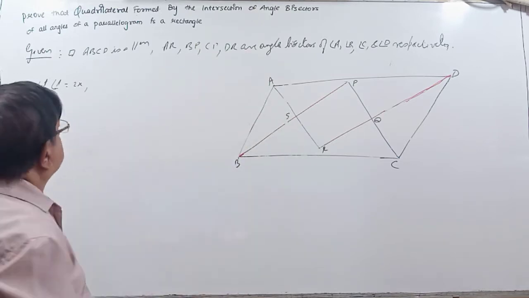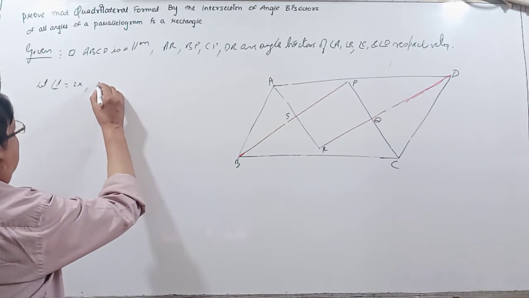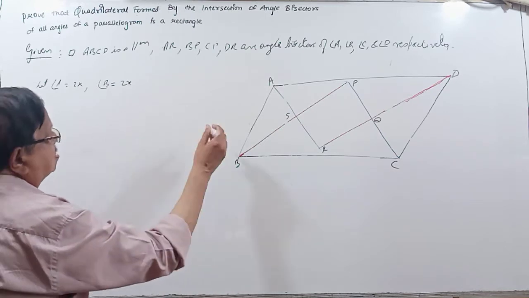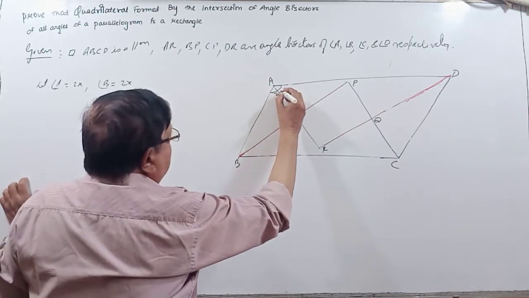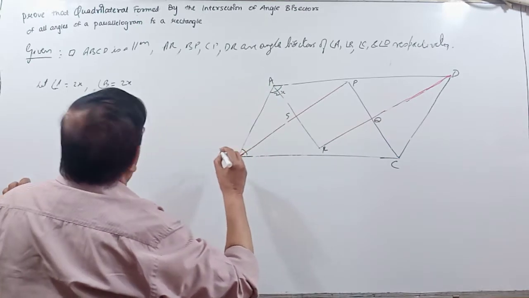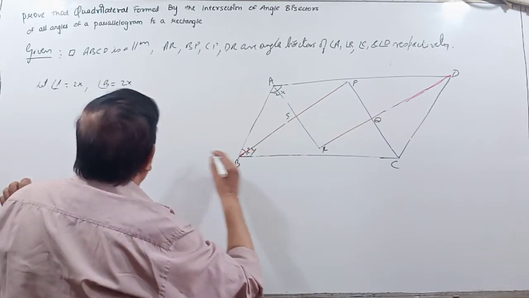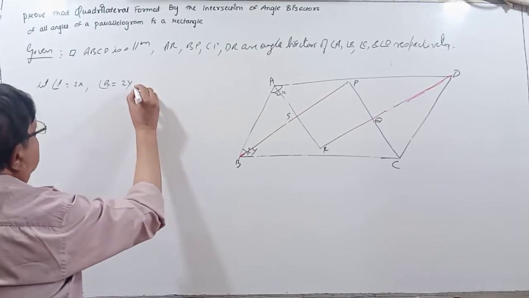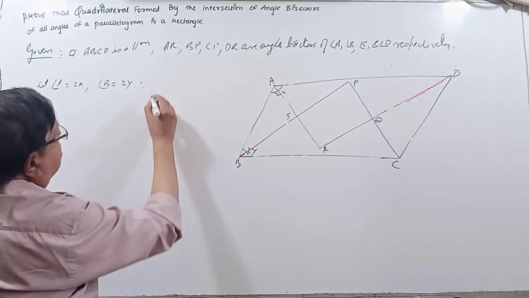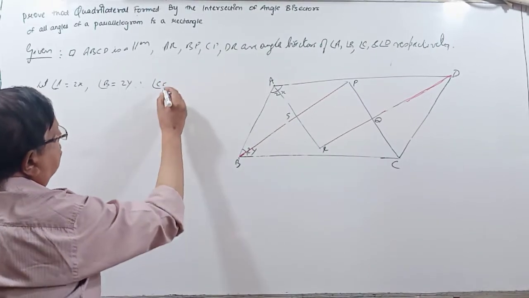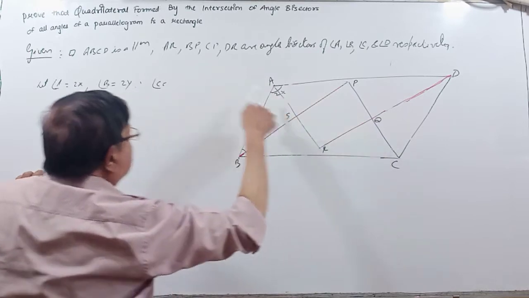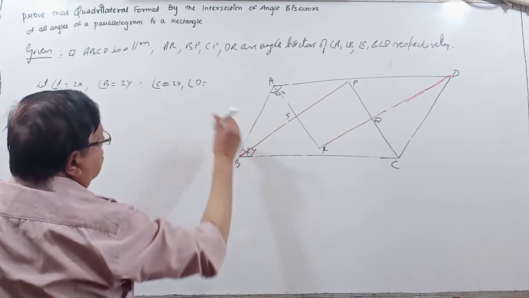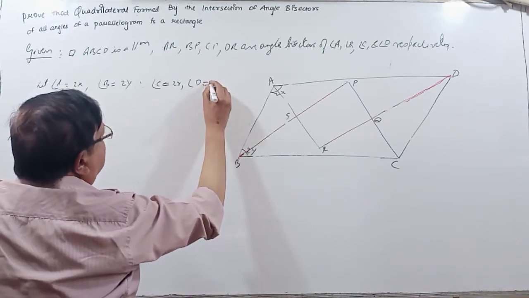Angle B equals 2y. Therefore, angle C is congruent to angle A, so angle C is equal to 2x, and angle D is congruent to angle B, equal to 2y.